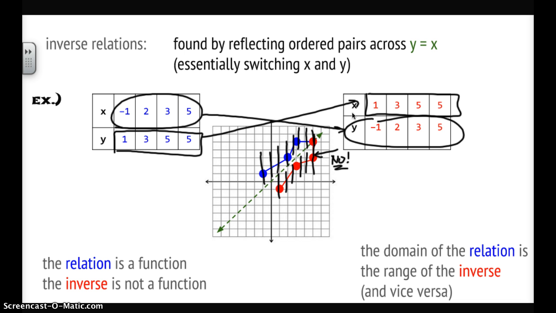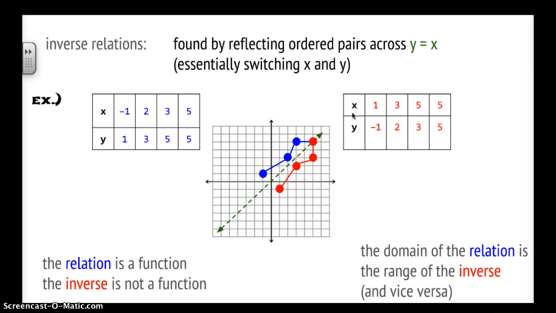So the domain and range flip here, right? Originally it was the domain; when we take the inverse, it's the range. Originally it was the range; take the inverse, it's the domain. Okay? And then this one ended up not being a function when we took the inverse. Let me clear some of that off so you can get a better view.